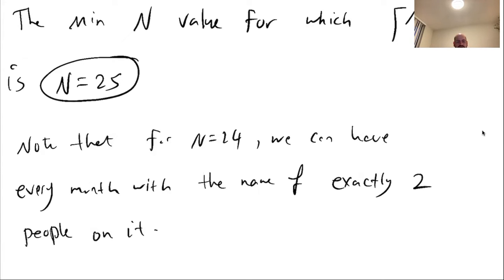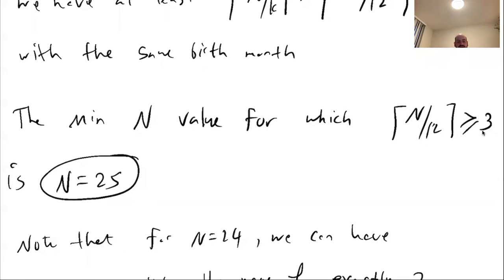So we really need at least 25 people, because for 25 people, by the pigeonhole principle, we will have at least 3 people with the same month.